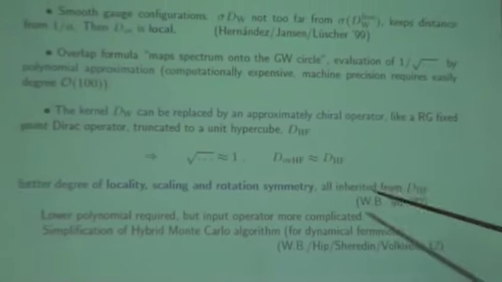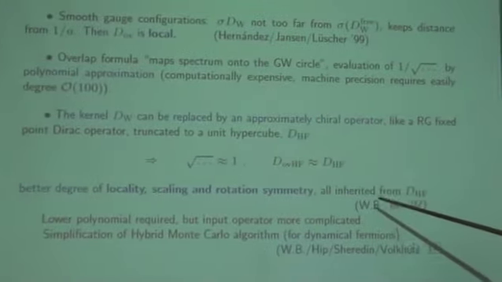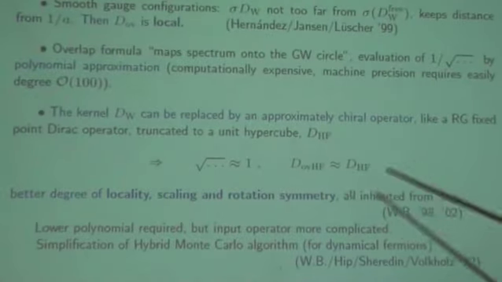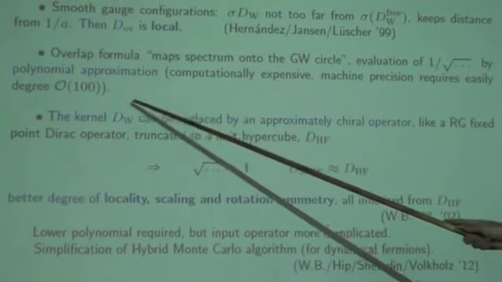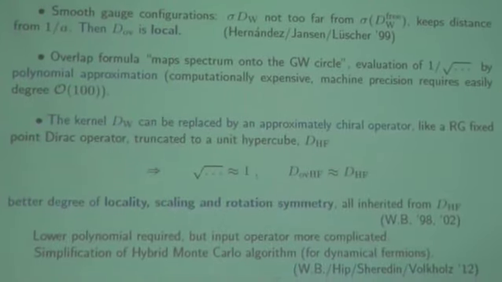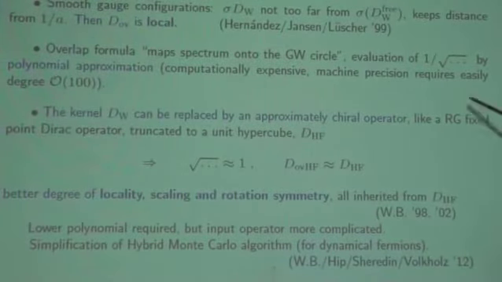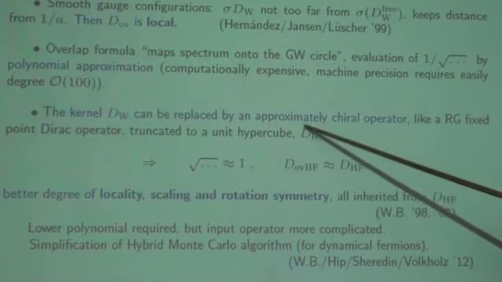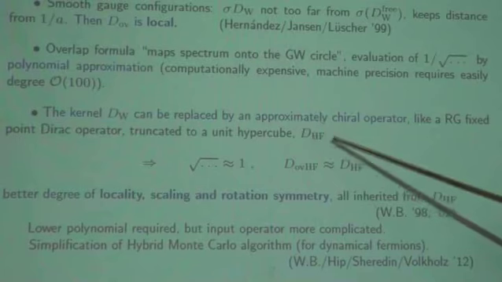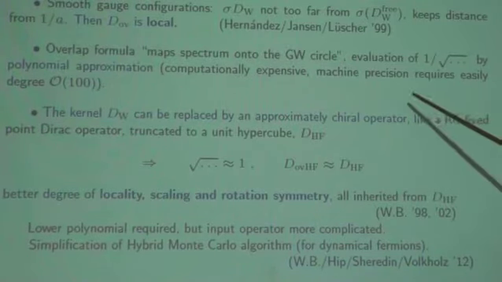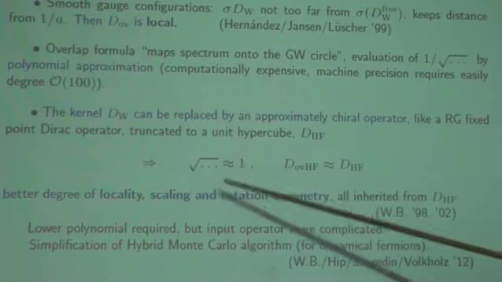Another final remark, a bit of propaganda of what I'm doing myself, is one can replace this Wilson kernel, of course, also by something else. So we have, for instance, constructed a renormalization group improved kernel, which is already approximately Ginsparg-Wilson. If we have this, then the square root is closer to 1.